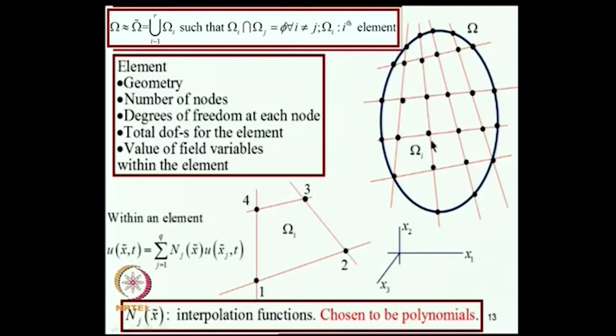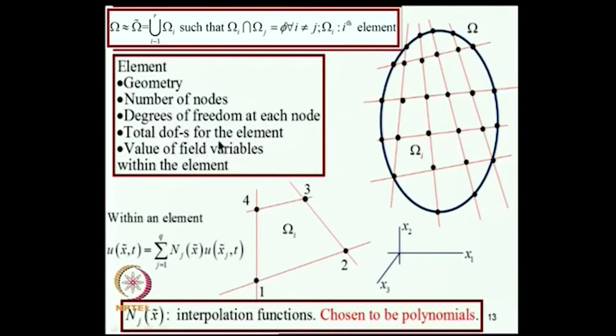So, this element itself now needs to be characterized in terms of geometry and how many nodes it has. I have shown for this type of element 3 nodes. Then, how many field variables are treated as unknowns at a given node depends on the problem, as we will shortly see.